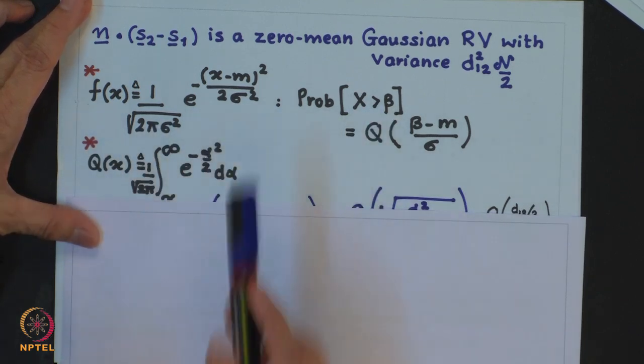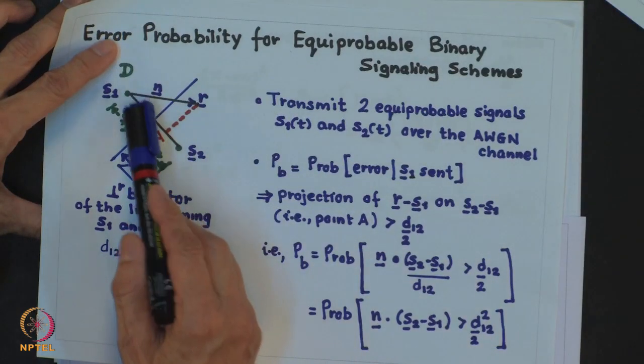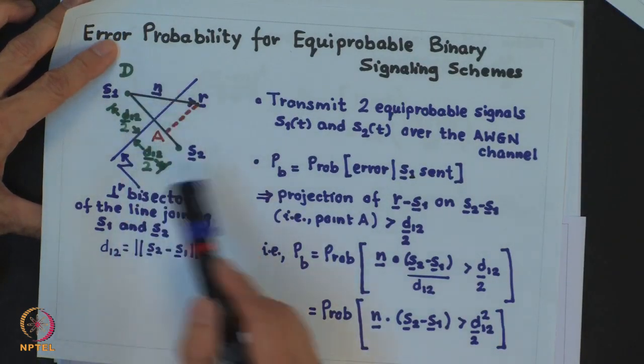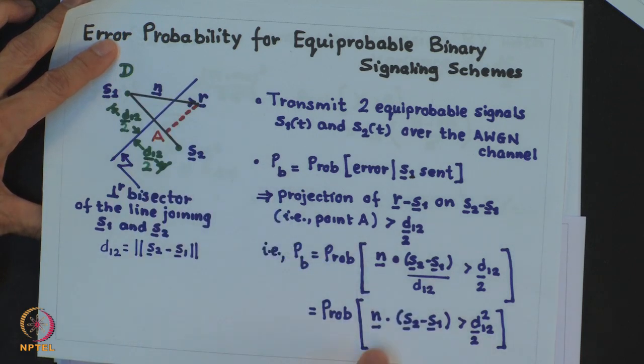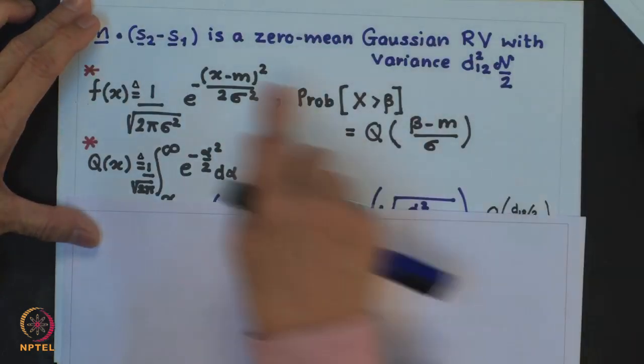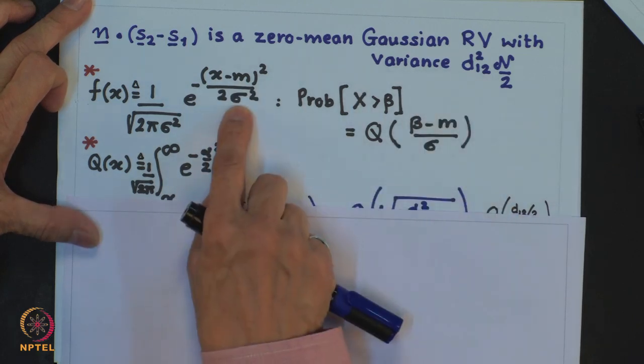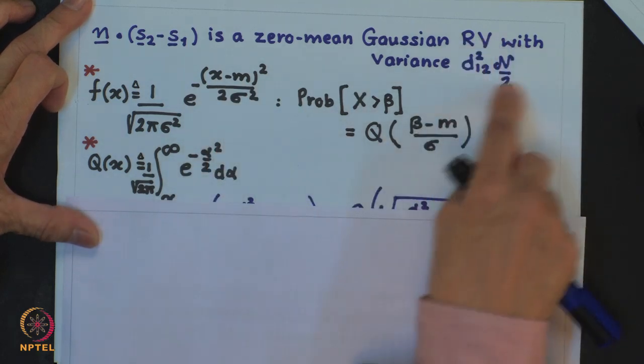Using this, we want this condition to happen. Remember, the noise is additive white Gaussian noise. So this is your Gaussian random variable with zero mean, so m is equal to 0 in this case, and your variance sigma squared is equal to this quantity.